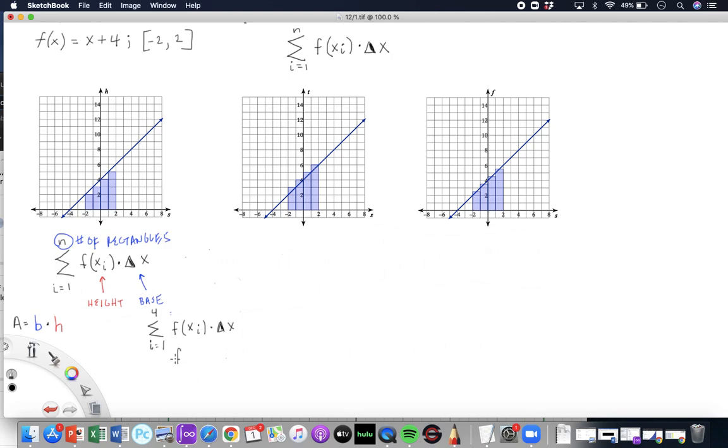The first thing to understand is that all this is saying is I'm going to plug in the left bound here. So you see it's -2. So I'm just going to plug -2 into the function. And as we just talked about, the base is going to be 1. So the base of this is simply 1. All right. And then, of course, we're going to put plus here because we are talking about summation, or adding. So we've got f of -2.